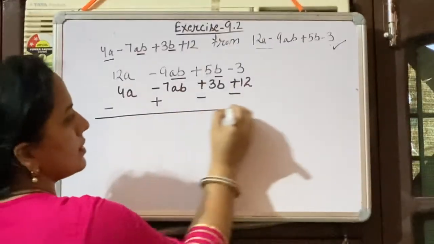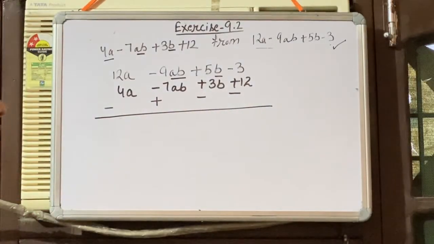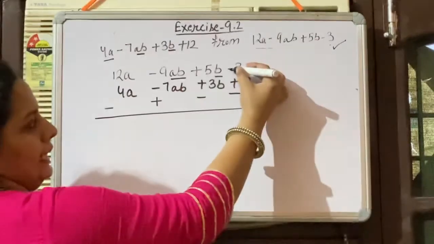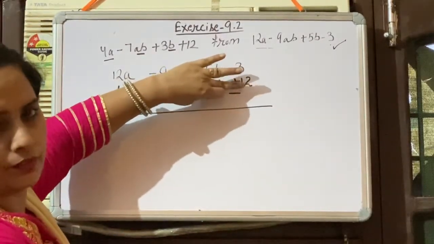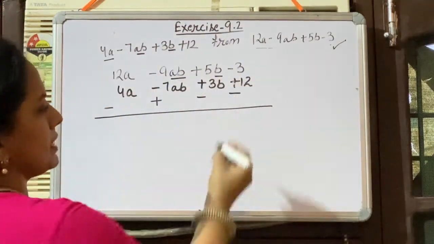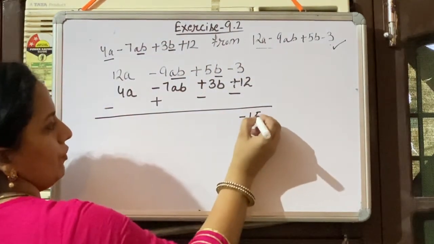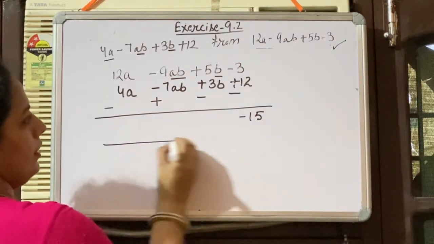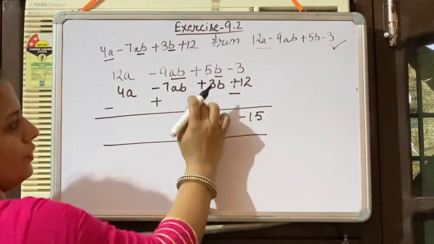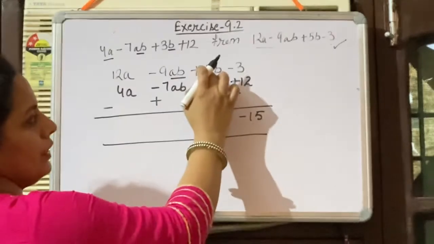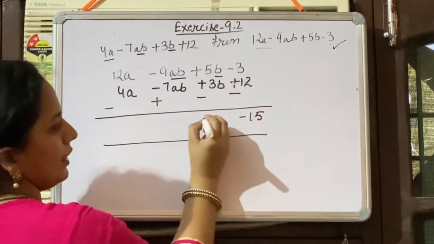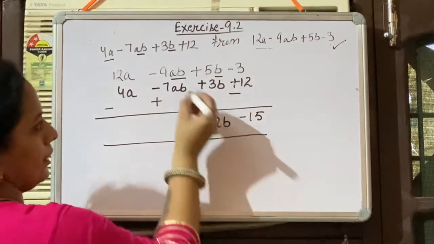Now start to do the subtraction. Negative, negative. Just leave this sign. Negative, negative, that means negative. So here we have 5a. Next, positive, negative. Positive, negative will be negative, with the sign of the bigger term. So here we have 2b.